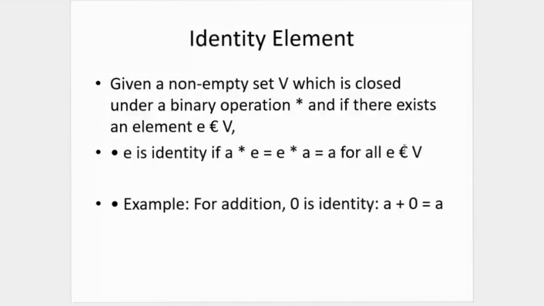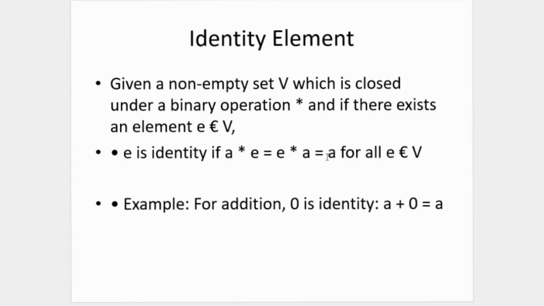This symbol represents that A is a member of the set, right? So the identity element is saying that any member of that set having a binary operation with the identity element, we are going to arrive at the original element of that set. So A asterisk E is going to be equal to A.